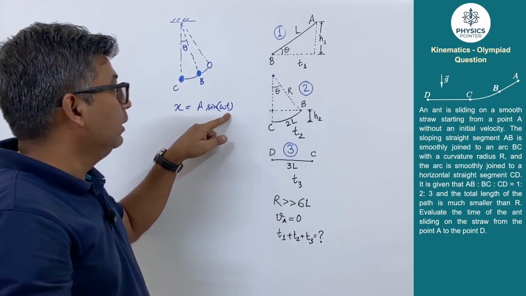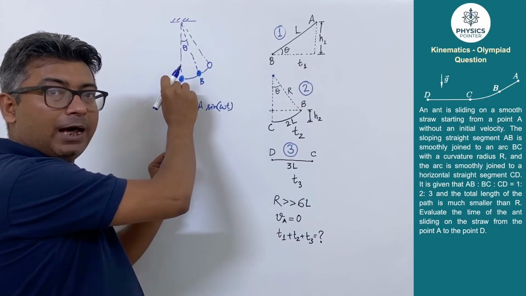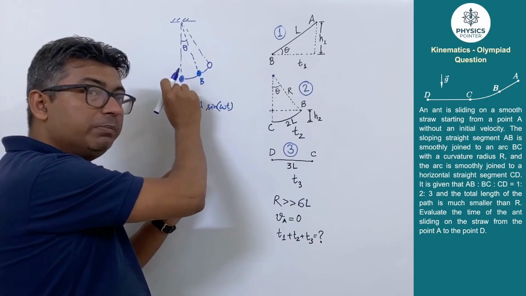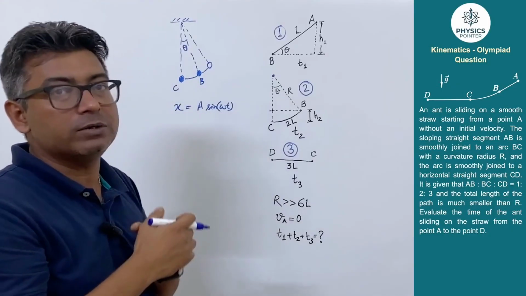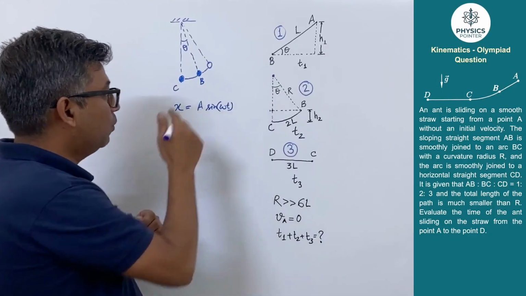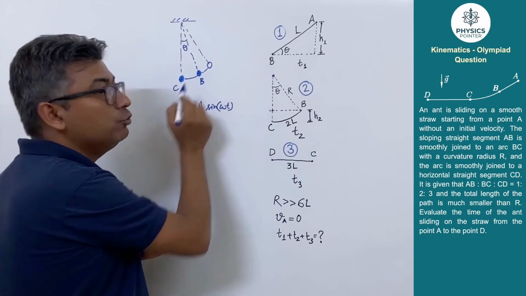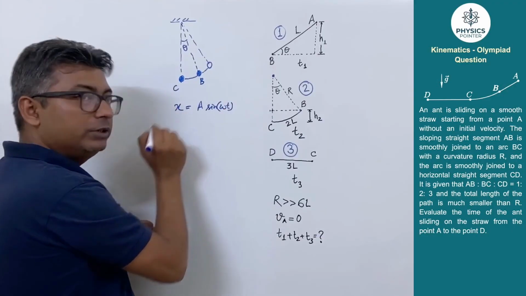Okay. So, if a body is coming from B to C in a simple harmonic motion and taking time t, then when it's going back from C to B, it will take time t. That is the simple concept. So we'll think of it that the particle is going from C to B. For determining it, we have the position.